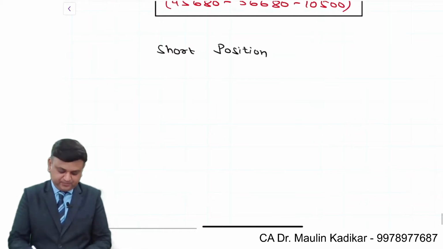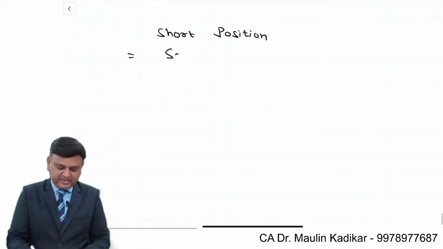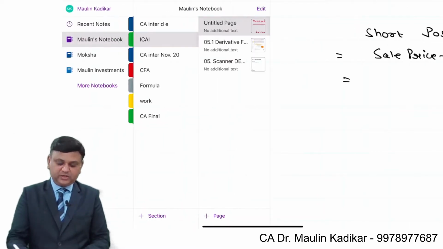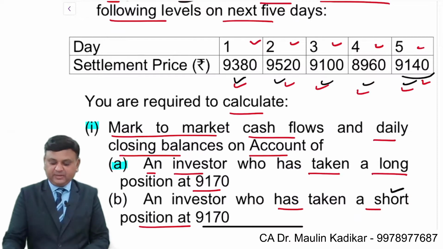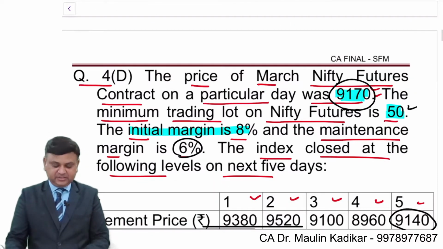Short position, in that again the formula will remain the same. It is sale price minus purchase price. On the last day when you square up the contract, this will become your purchase price. You have already sold at 9170.